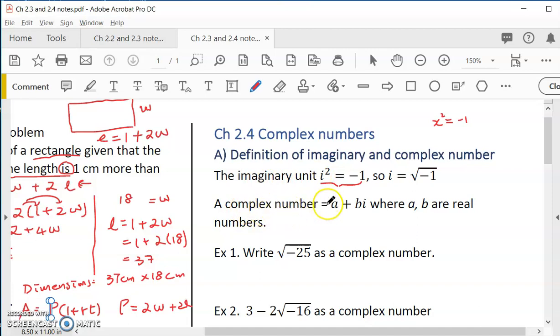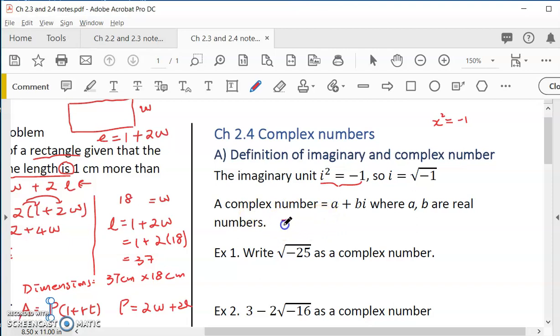The complex number consists of two parts. One is the real part, like 5, -2, or 1.7, plus another real number, and then times i. So i is an imaginary unit, but you can have 2i, which is also imaginary. And if you combine it with a real number, we call this type of number a complex number.